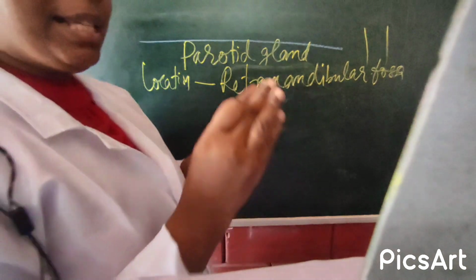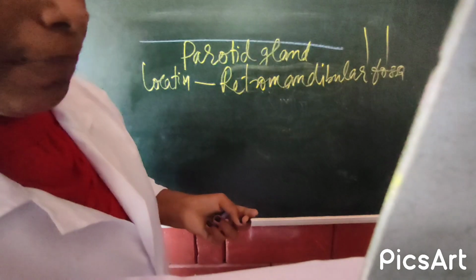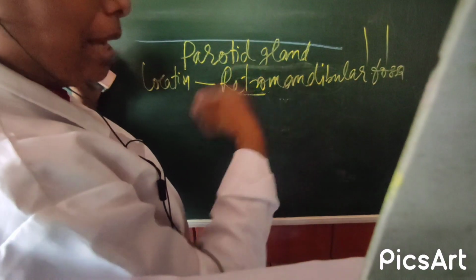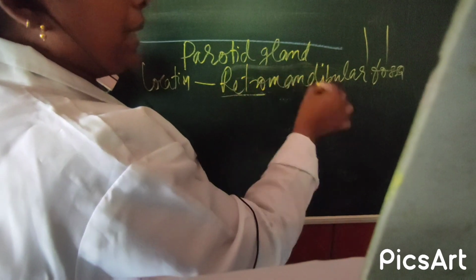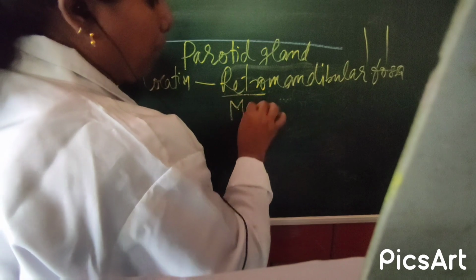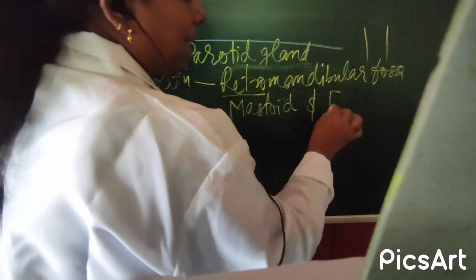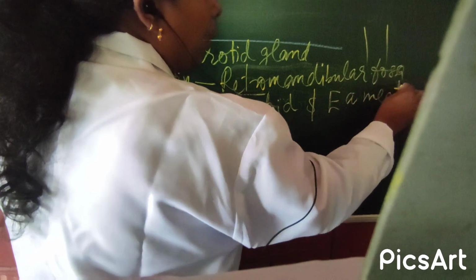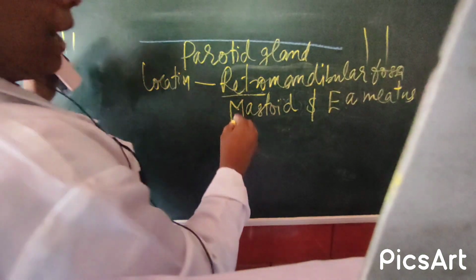Retromandibular fossa is a space which can be seen behind the mandible. That's why it is named the retromandibular fossa. Retro means behind the mandible. So it can be seen behind the mandible, in between the mastoid process and the external auditory meatus, or external acoustic meatus.